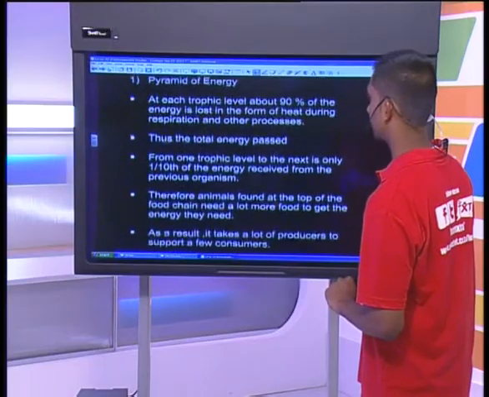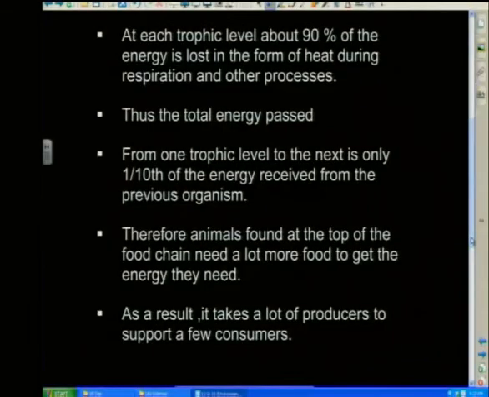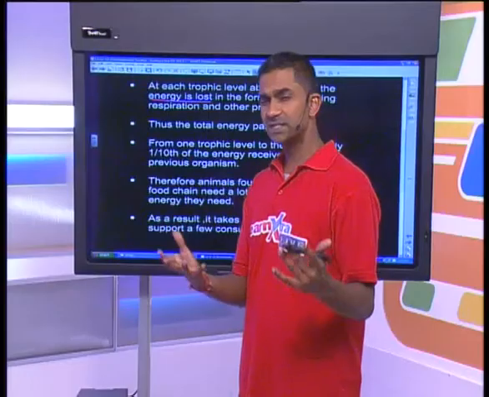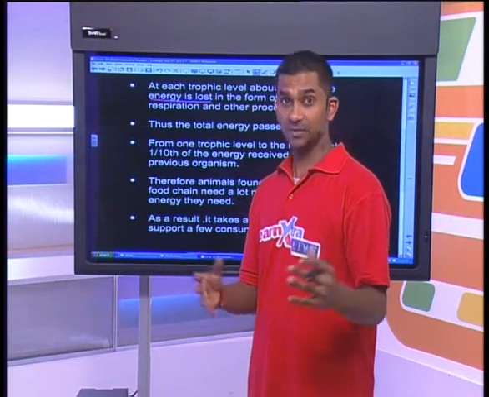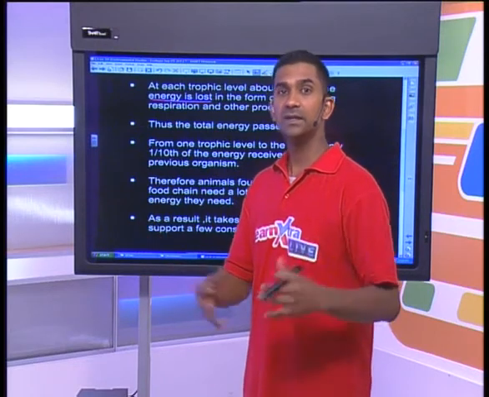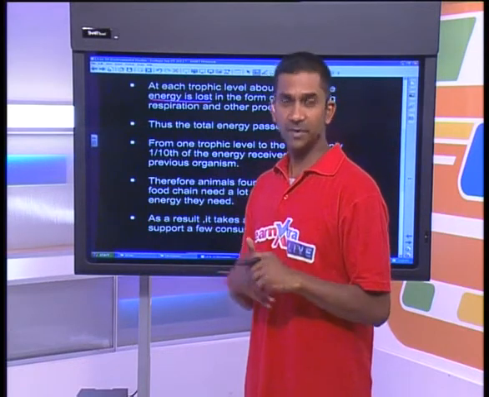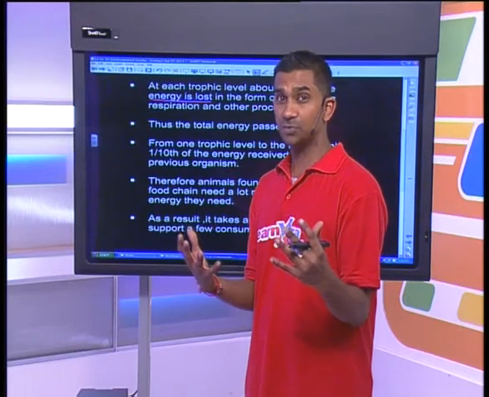So we saw that at each trophic level, about 90% of the energy is lost. And that's a huge amount of energy to lose for any organism. And why is that energy lost? We spoke about this. Lots of the energy is lost because the organism needs to maintain itself. If it's a warm-blooded animal, it needs to maintain its body temperature.